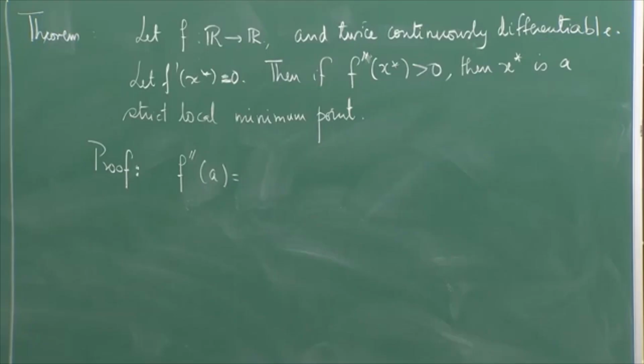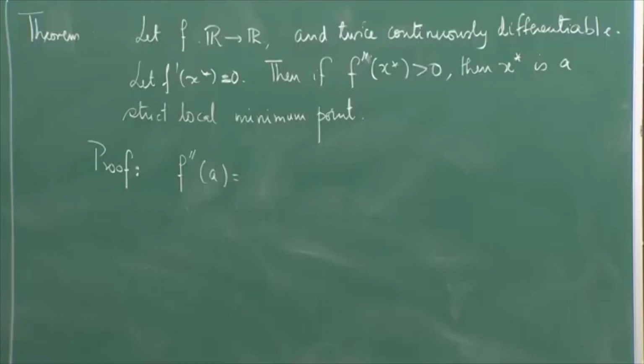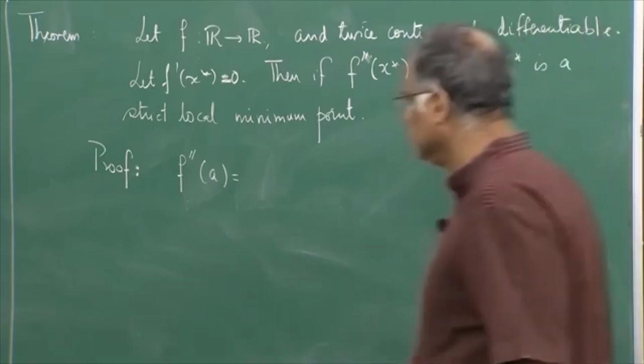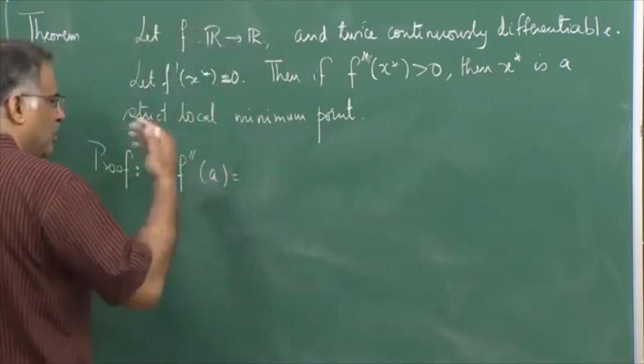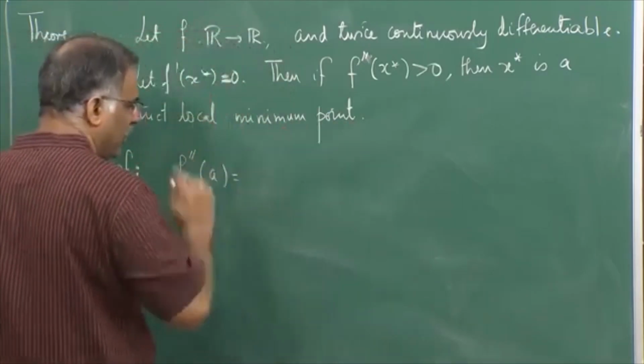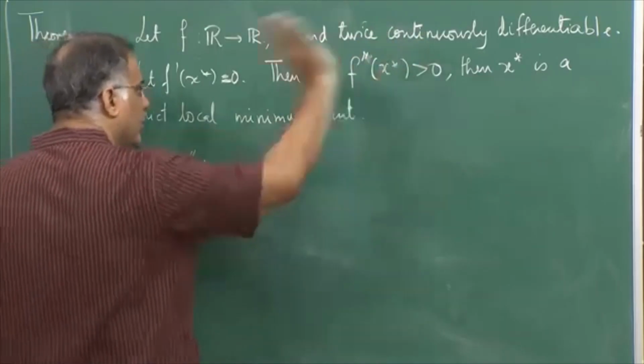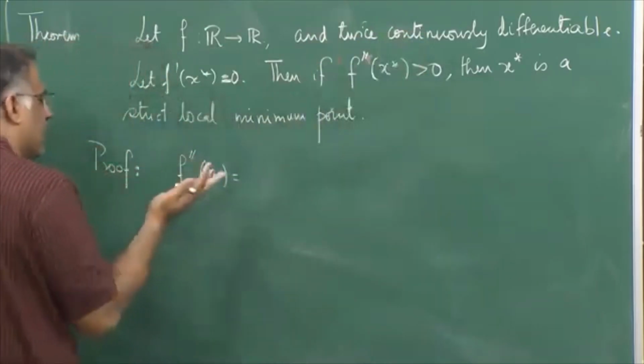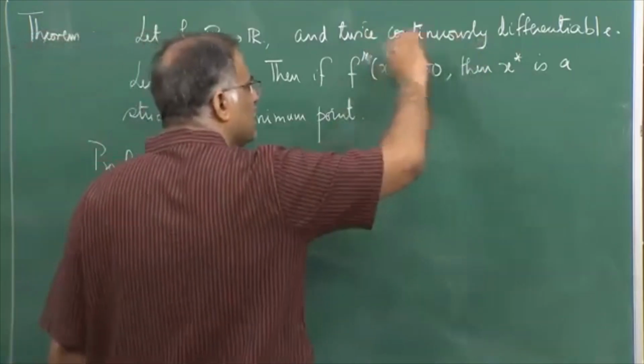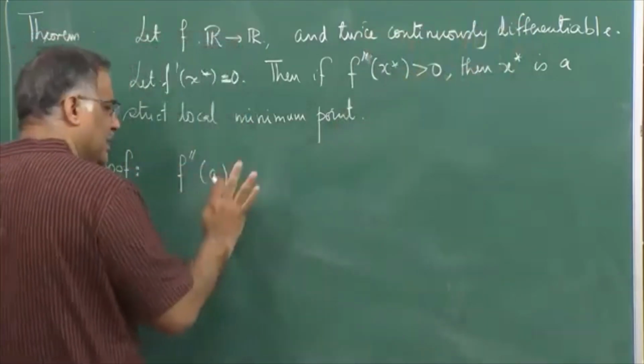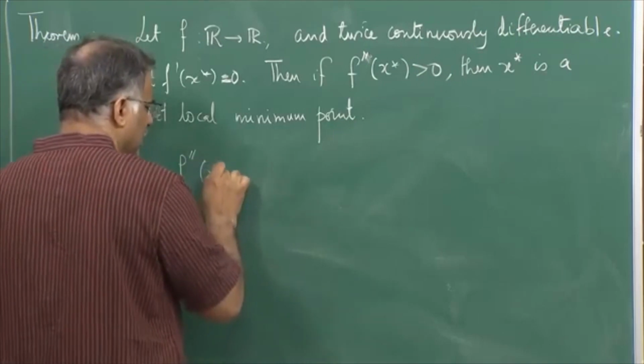But in standard problems, the use of this phrase twice continuously differentiable would be helpful when we talk about Taylor's theorem and use it to prove this result. We will prove this result again in a different way, but it does not matter if you keep this. If we do not want to take it continuously second differentiable, that would do. The second derivative existing at x* is enough.